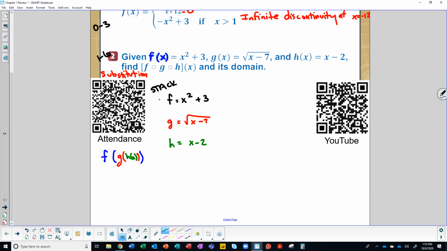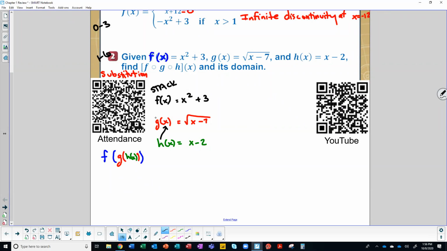Oh, you know what? I just thought of something. If you asked a question, it did not come through Zoom there. It kind of broke up. Here's another way of thinking about this I just thought of and never taught it this way. But basically what's happening is h's equation is going to get shifted into the place of x.